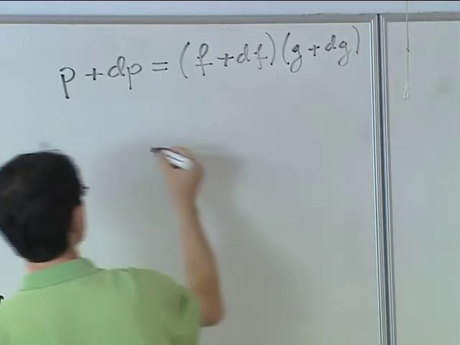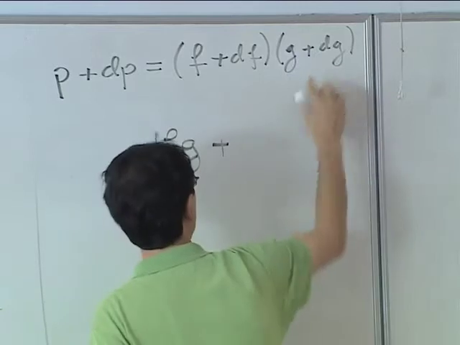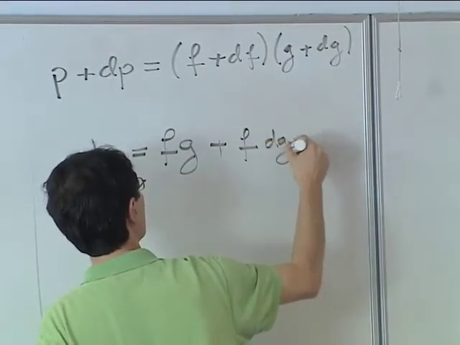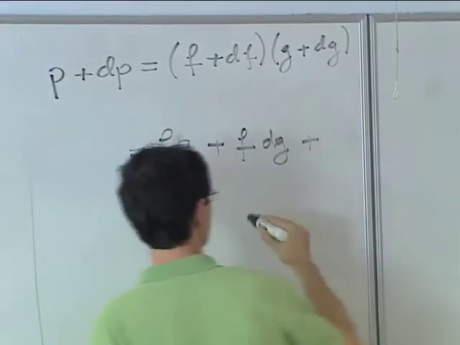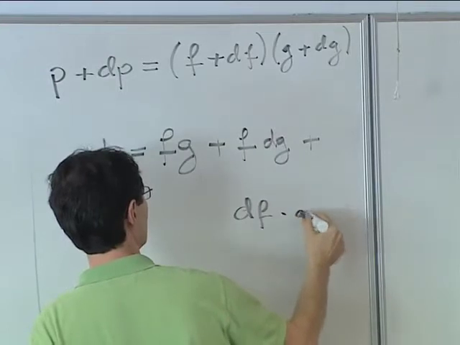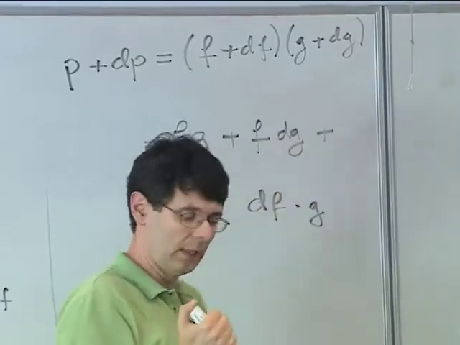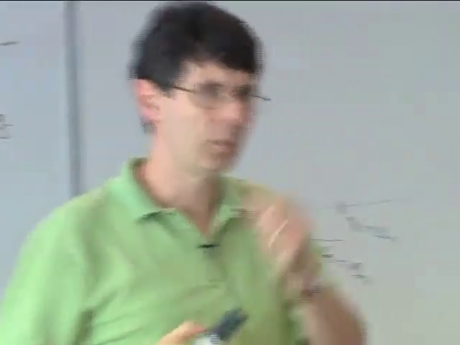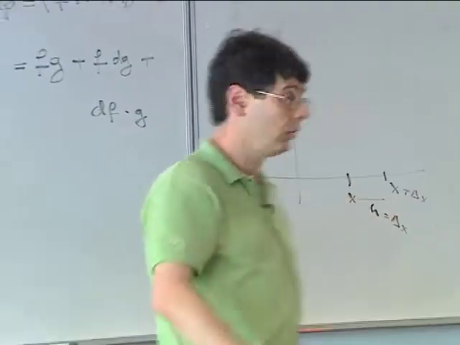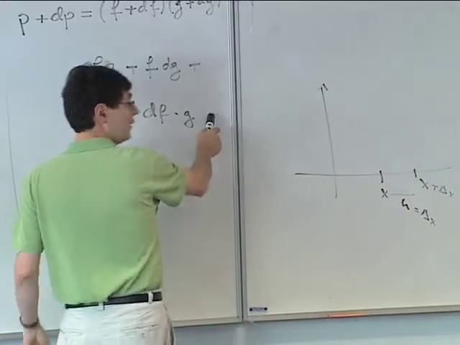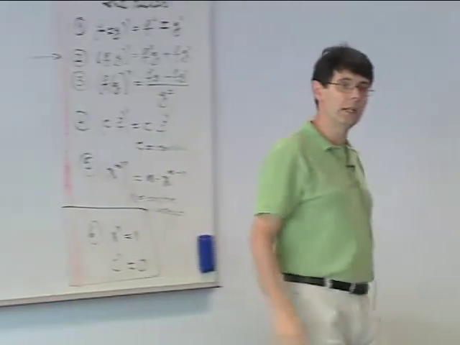F times G plus F times dG plus dF times G plus dF times dG. But wait a moment, remember what I said? The dF is so small and the dG is so small, when you multiply them together, they get very, very small. Throw it out. So I'm not going to write it. There's a missing term here that I'm not writing because it's too small. Okay?